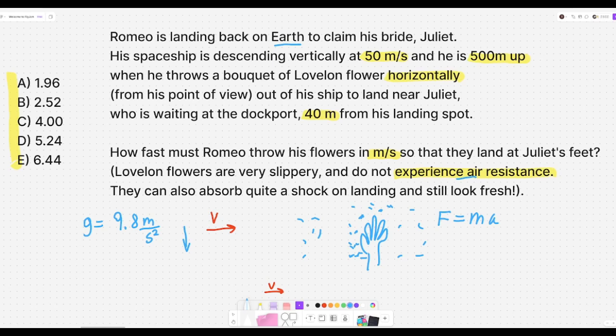If we did have air resistance, there would be a time when the force due to gravity and the resisting force of air resistance would be equal, and we would have a terminal velocity. But there is no air resistance here, so there is no terminal velocity, and it's simpler. We have an initial velocity, and because gravity accelerates us downwards, we're going to have a final velocity that is greater than the initial velocity.